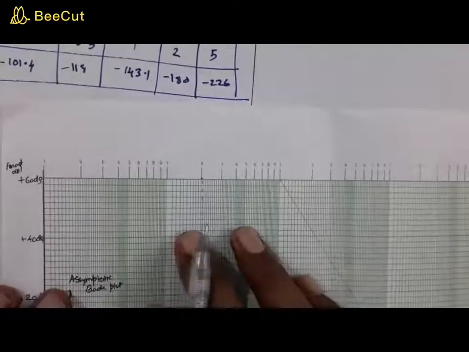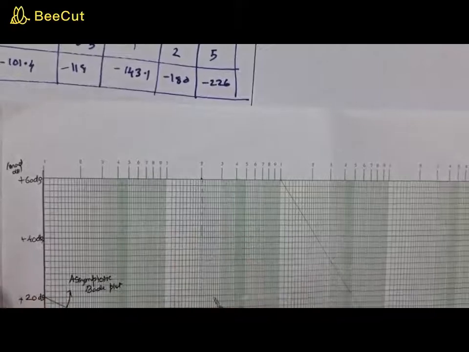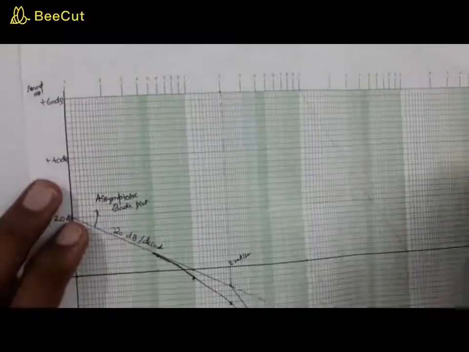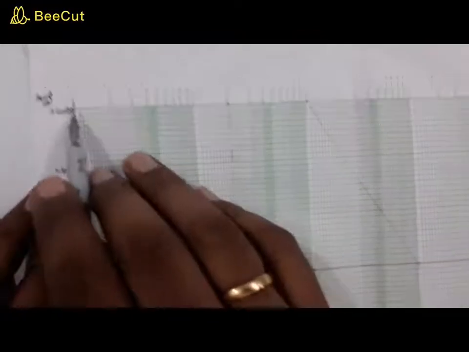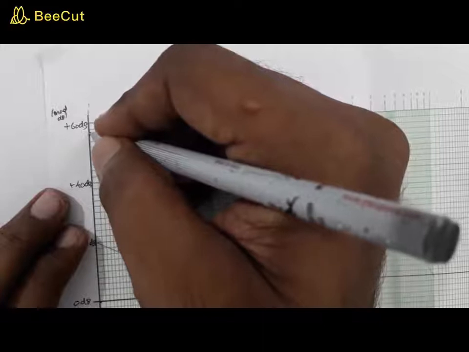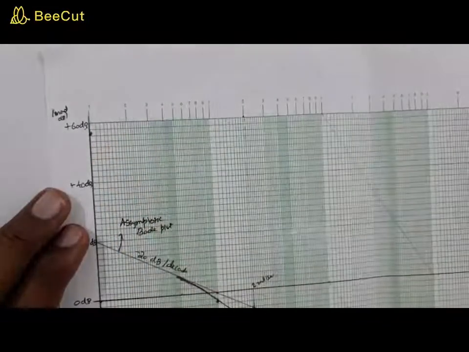So at 0.1, 0.1 radians is this one. At this 0.1 radians, it has 95.7. We already know this is minus 90, this is minus 93, this is 96. So it will be coming somewhere over here. So this is the point at 0.1.